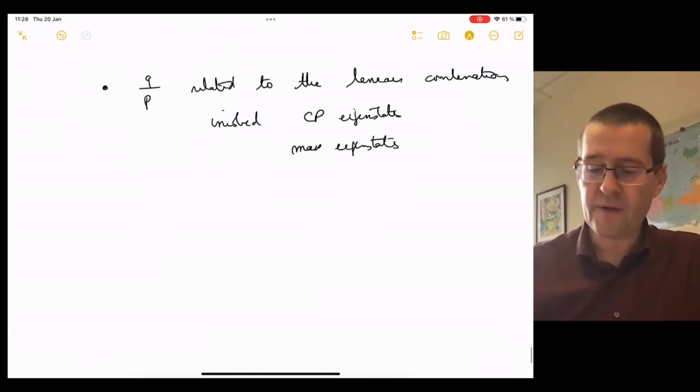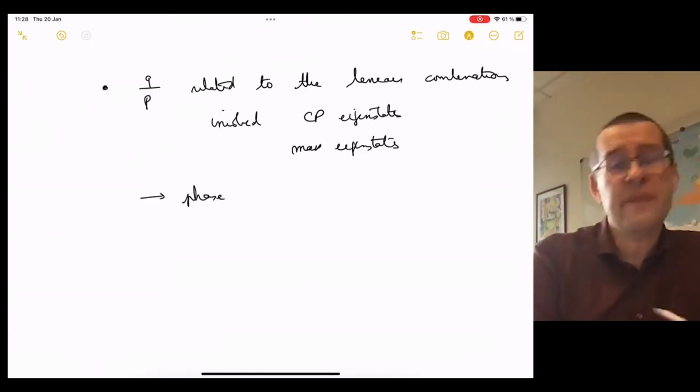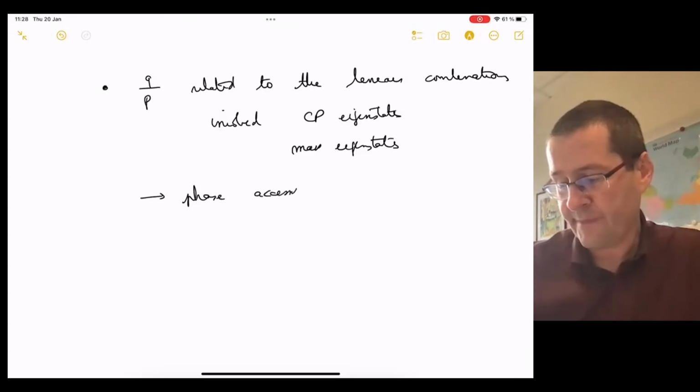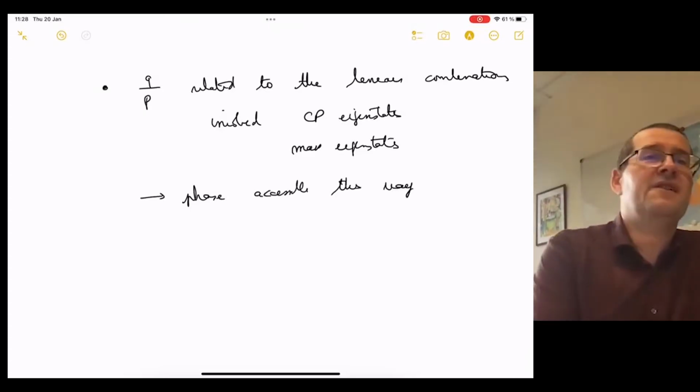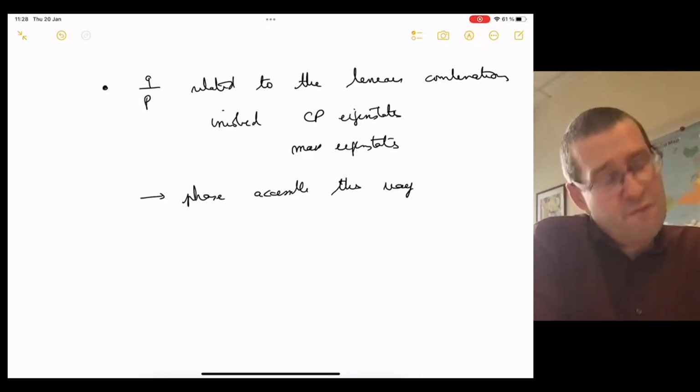And we saw that actually there is a phase that is accessible this way. So when I say that, I didn't say much. I'm just saying there is a phase which is something that we can think of using.